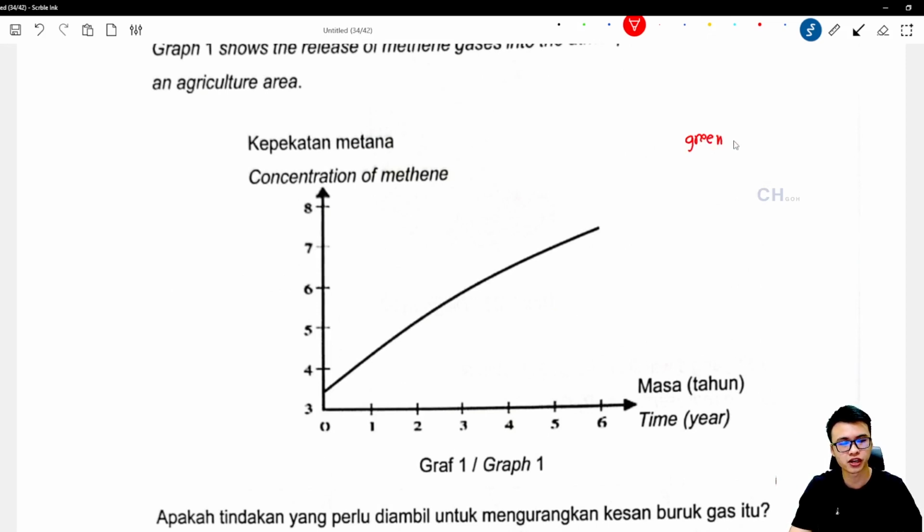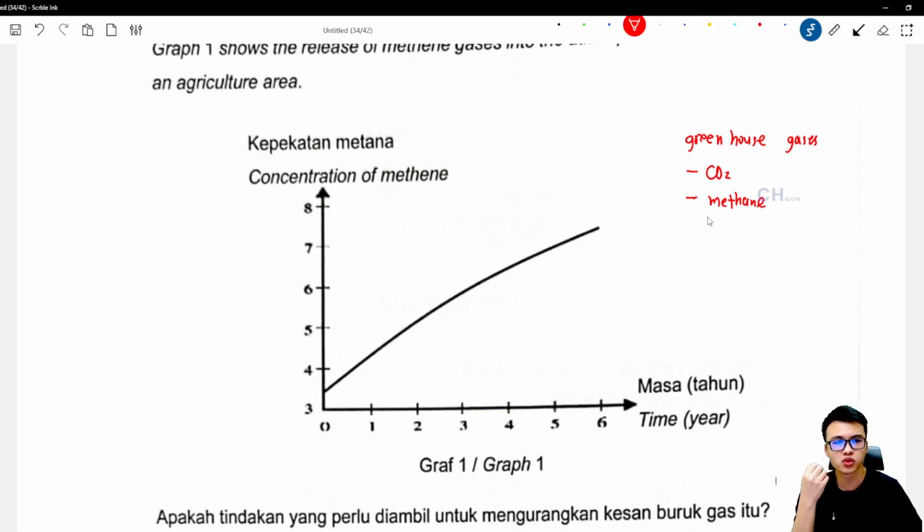So the greenhouse gases. We always talk about CO2. CO2 is the main gas that causes the greenhouse effect. But methane gas will be the second one that causes the greenhouse effect and global warming.